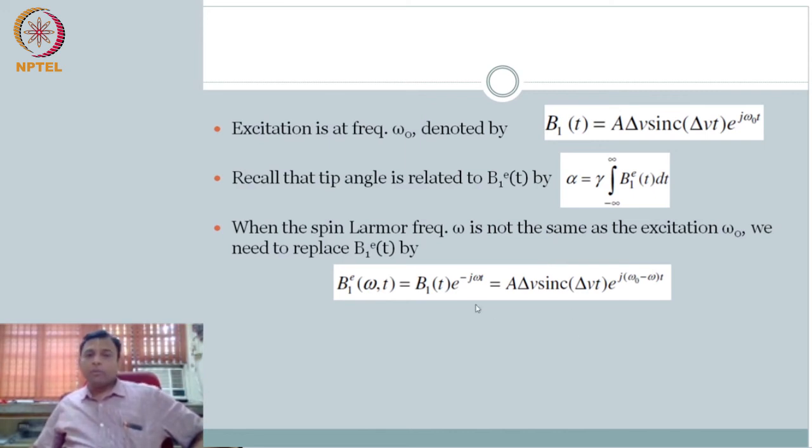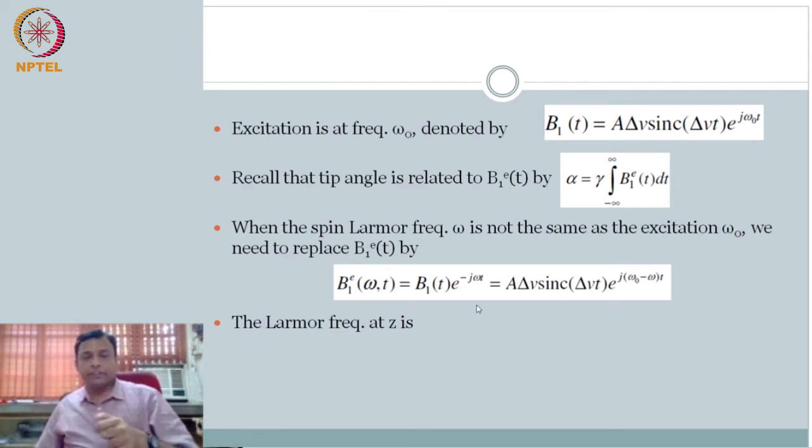So what is going to be my Larmor frequency at a particular location Z? I know the relationship between field strength and Larmor frequency. They are related through your gyromagnetic ratio, right?